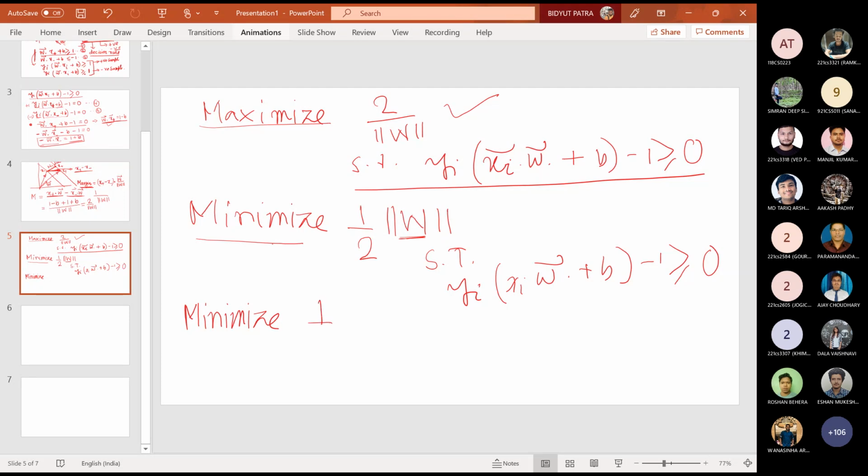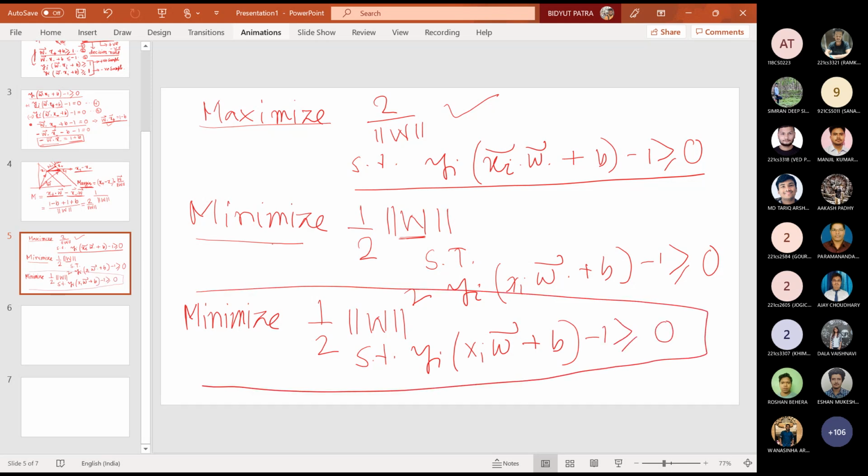So this will be half of the magnitude of the vector W squared, subject to the constraint yi (xi · w + b) minus 1 greater than or equal to 0.